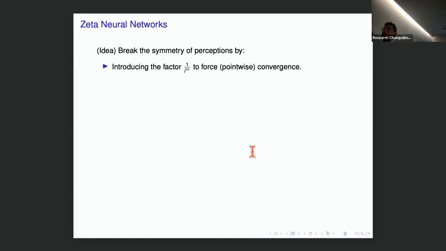But this 1/j to the alpha is the penalization that we are using. It serves as a penalization in the training. Exactly, yes, that was the point.